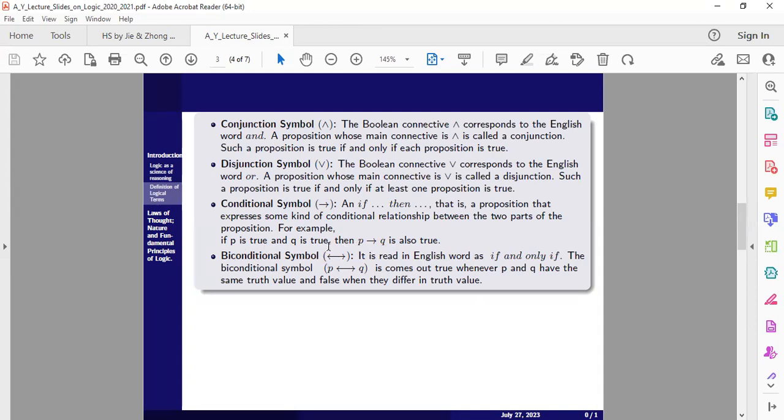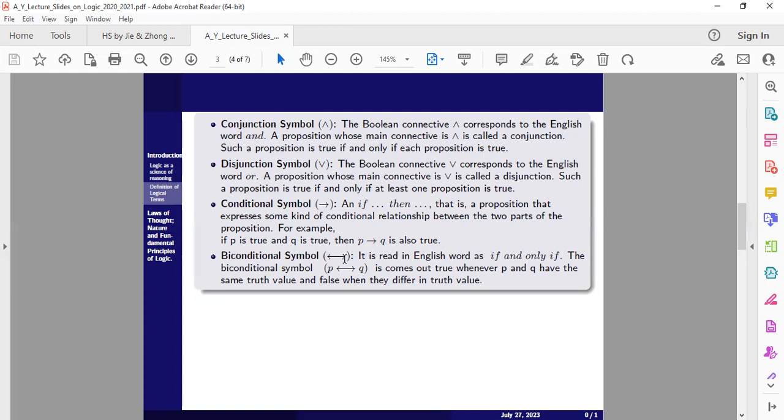Of course, from the conditional symbol, we have the biconditional symbol. When you look at the difference between this one and this one, this one only faces forwards, while this one has an arrow facing both forward and backward.